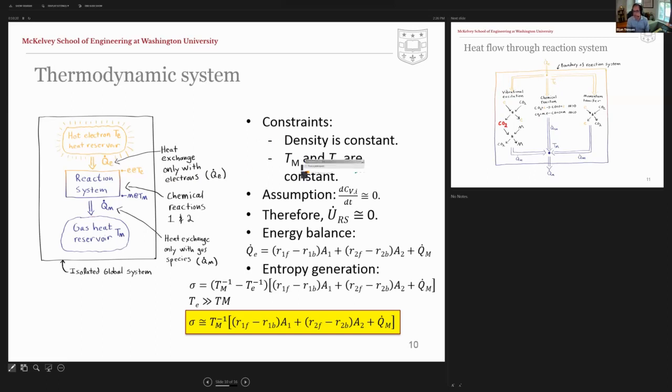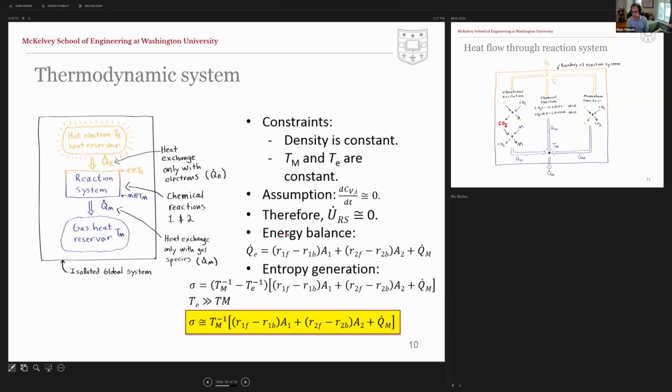As I said, the temperatures are constant. We make an assumption that the average specific heat of the gases inside the reaction system doesn't change with time. That's not strictly correct, but it's approximately true. And as a result of the temperature being constant, the density being constant, and the specific heat not changing, the internal energy of the reaction system is a constant.